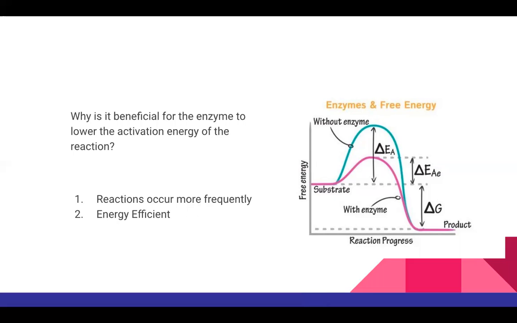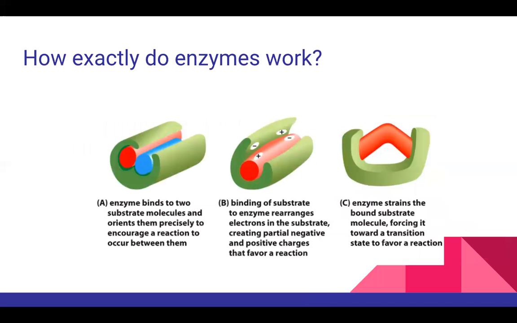It's easier to get over this hump, and the reaction will occur more favorably. Just another quick note, more stable in this case with enzymes is less reactive and less energy. So the less stable you are, the more energy you have. The more stable you are, the less energy you have.